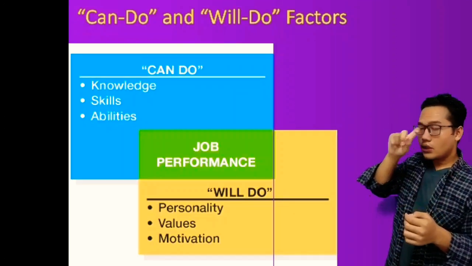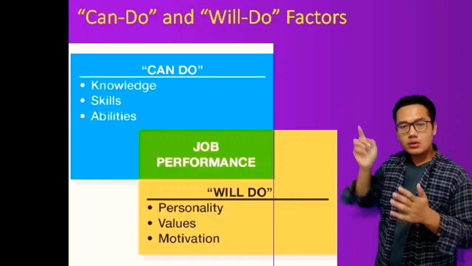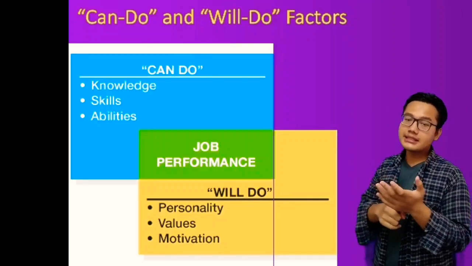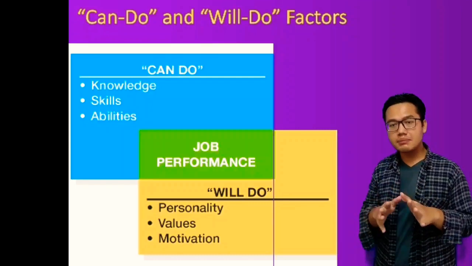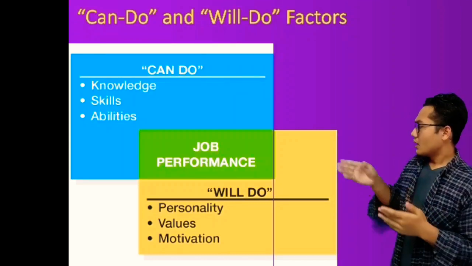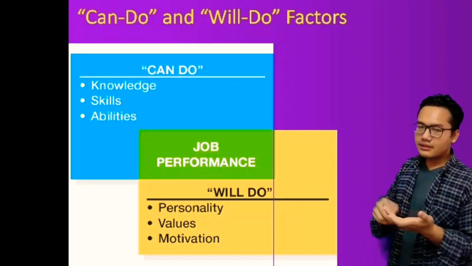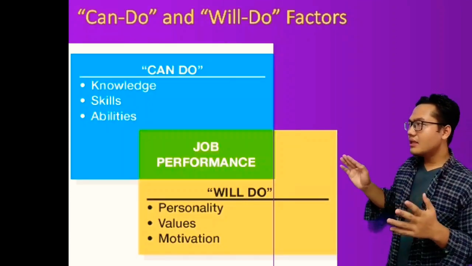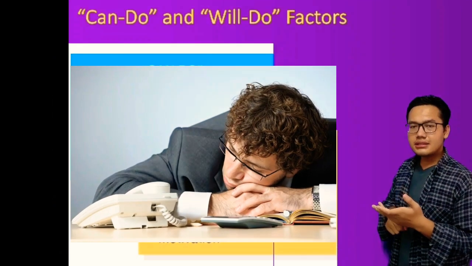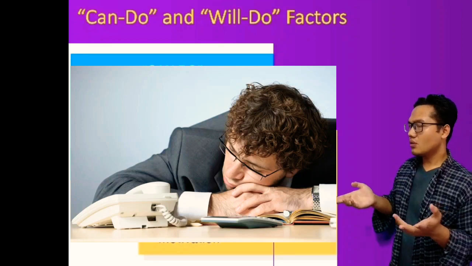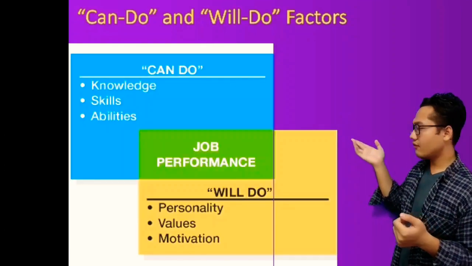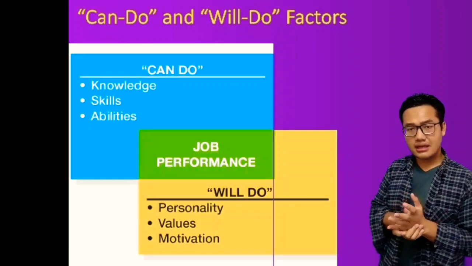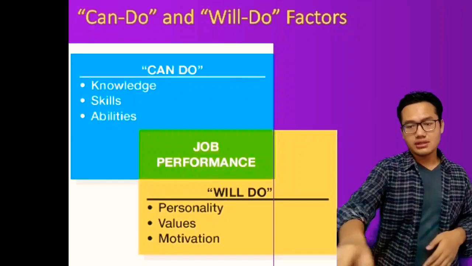From the can-do side, your applicant has knowledge, has skills, has ability, but from the will-do side, personality and values, they might be lazy. What's the knowledge for if you are too lazy to use it? So it's important, right?